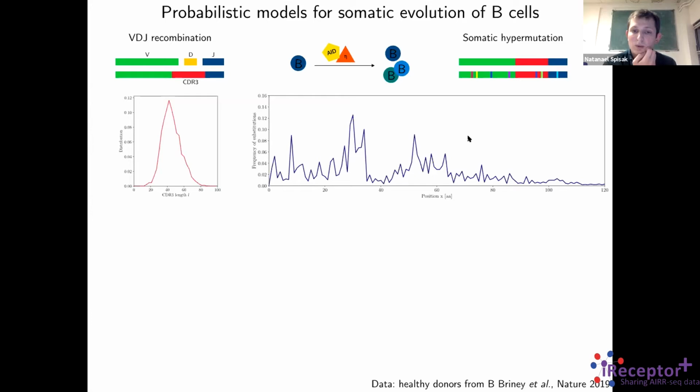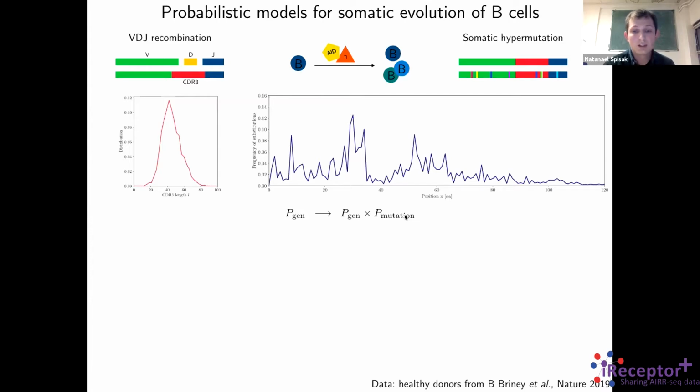And so what we'd like to do is to provide a probabilistic description of this process in the same way that my colleagues and my supervisors previously characterized the process of VDJ recombination, building a model which, among other things, allows us to compute the probability of generating any given receptor. We'd like to extend this to somatic hypermutation in a model that would aim to characterize the likelihood of any given mutation pathway.